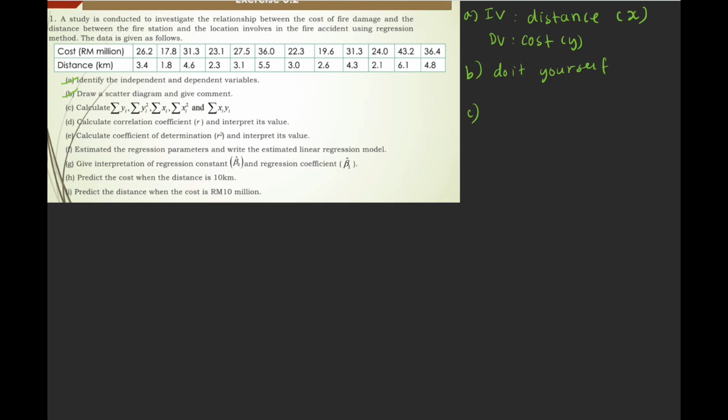Okay, for C, calculate the summation of y square, x square, and xy. So put it into your calculator and come up with all the summations. Summation of y is equal to, summation of y square.